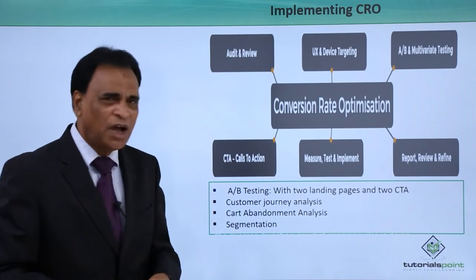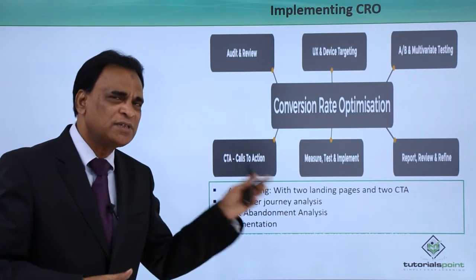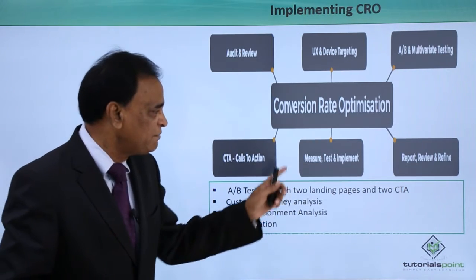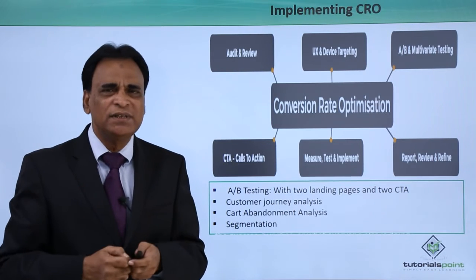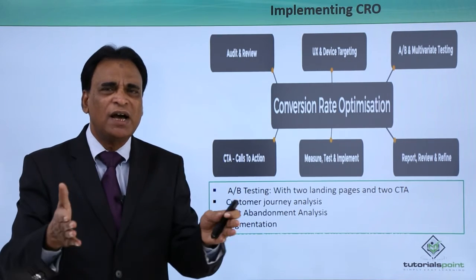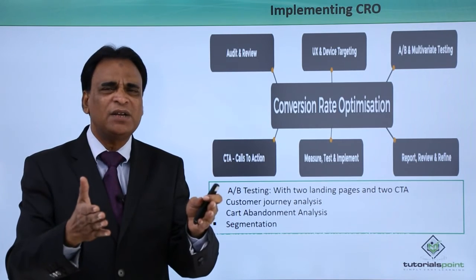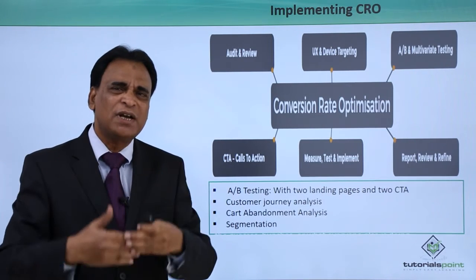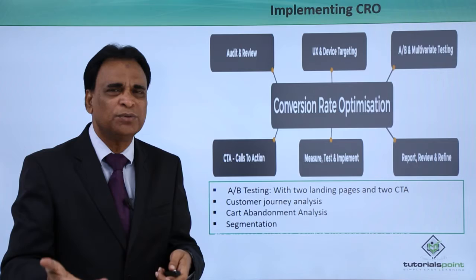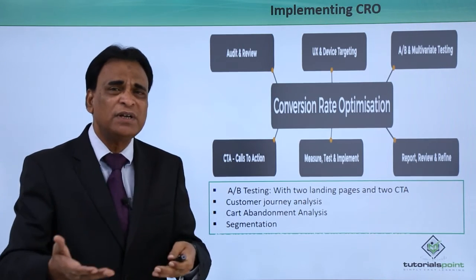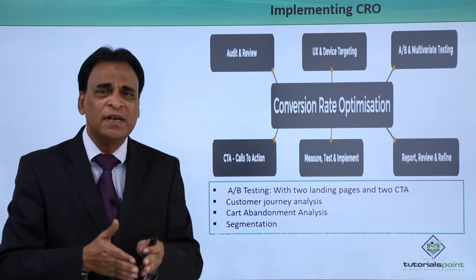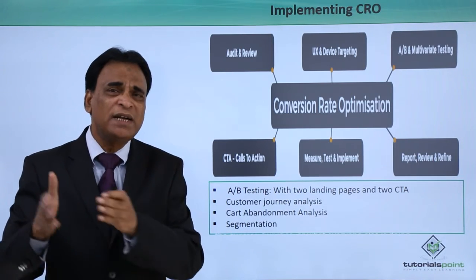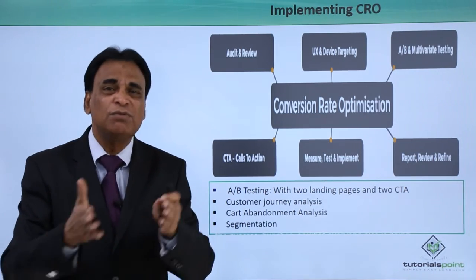Implementing CRO. How can CRO be implemented? We will see a few techniques here. A/B testing with two landing pages and the CTA. When you have a landing page, it has to actually generate business for you. More often than not, it may work, it may not work. What you can do is an A/B test that tells you which landing page and which CTA is working and which is not.